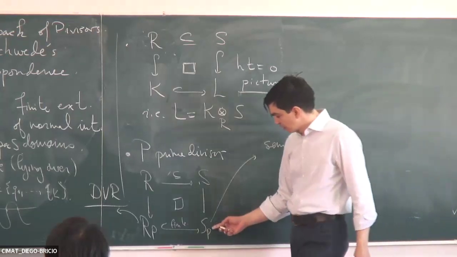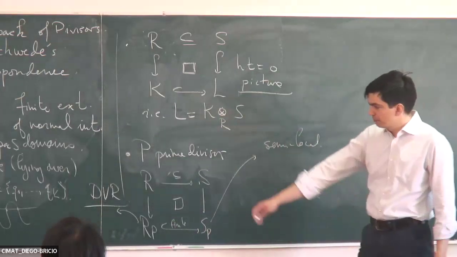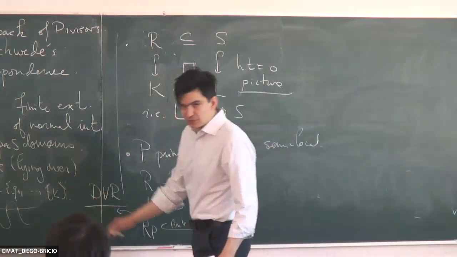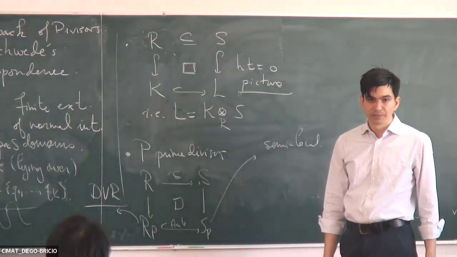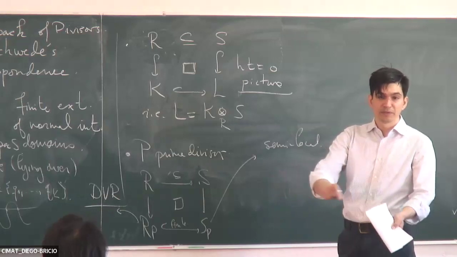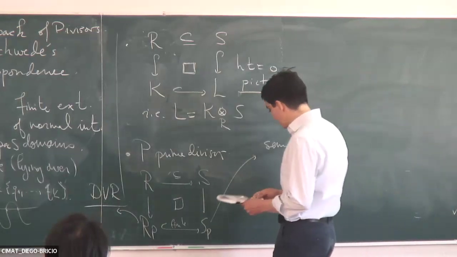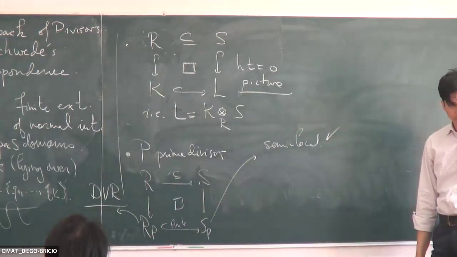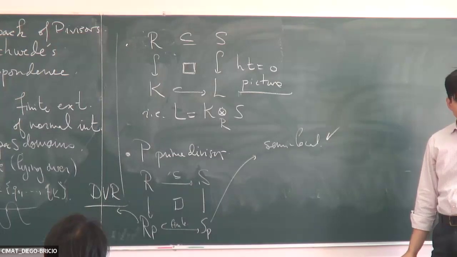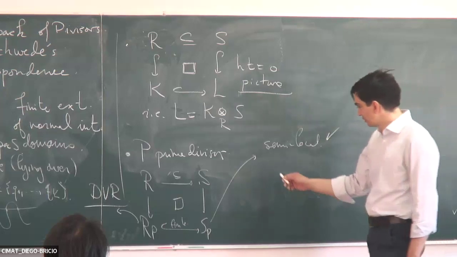Why is it semi-local? Because it is a finite extension over a local ring, and because of the structure theorems, finite extensions of local rings have to be semi-local. There have to be finitely many prime ideals over a maximal ideal. What is the dimension of this ring? It's 1, because it is a finite extension of a one-dimensional ring.